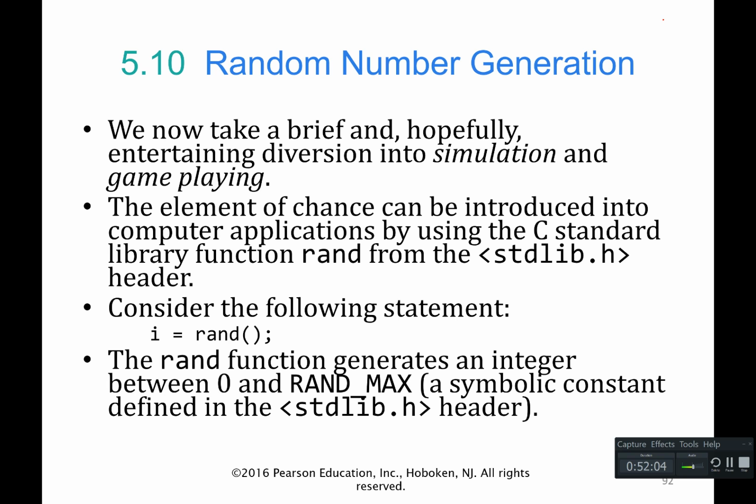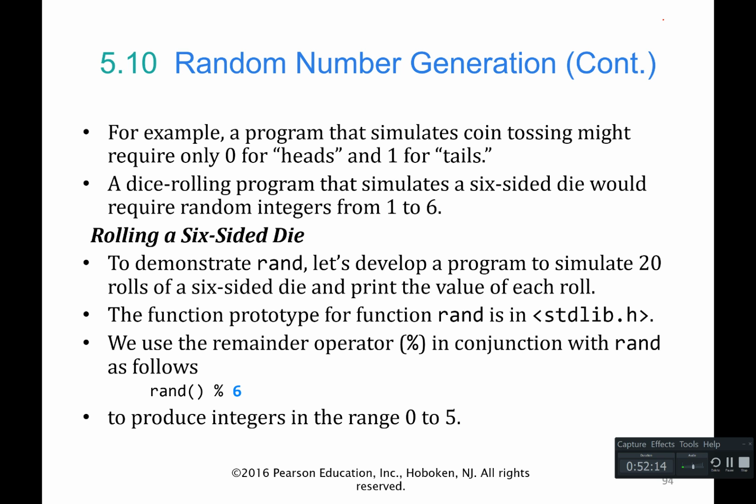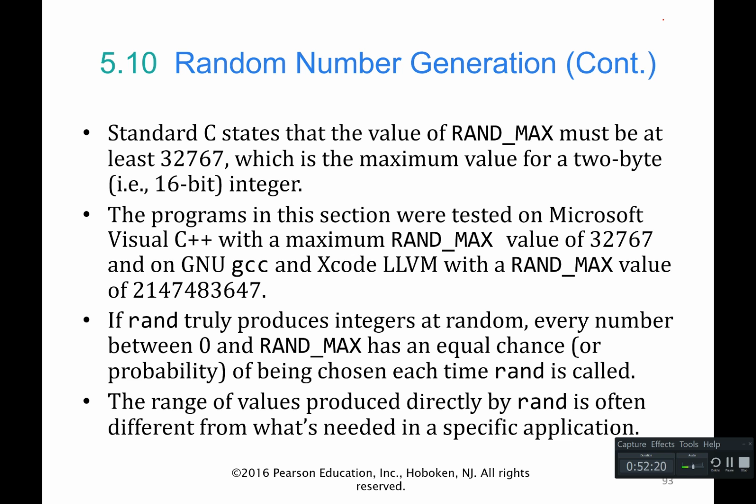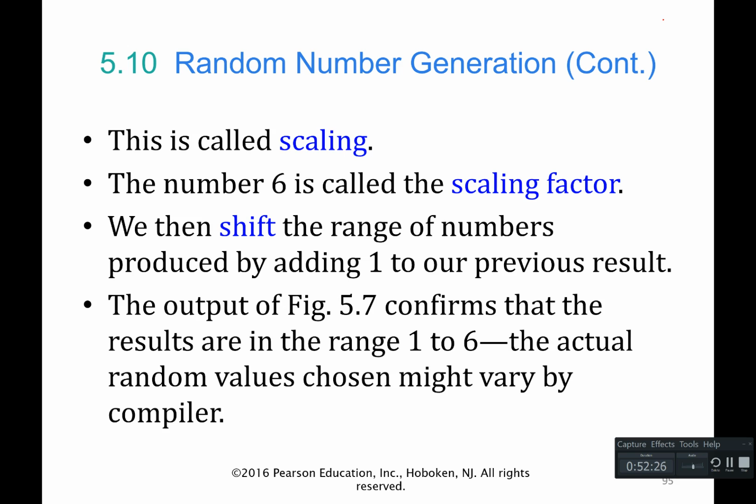So here we have another program, and I'm not necessarily going to go through this in any great detail. This creates the random number generator, and we're going to generate a random number that's going to produce integers between 1 and 6 for a die. If you throw a die, it's got a value between 1 and 6, right?